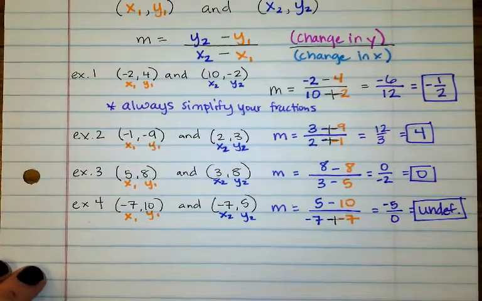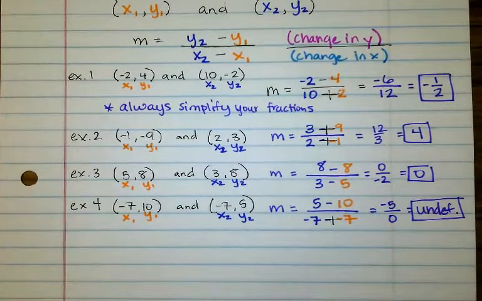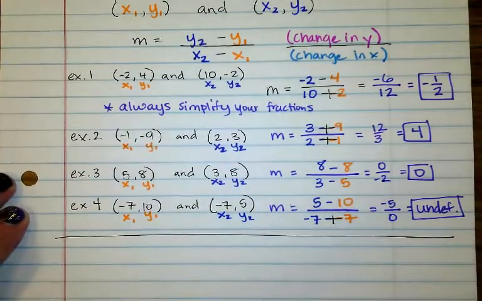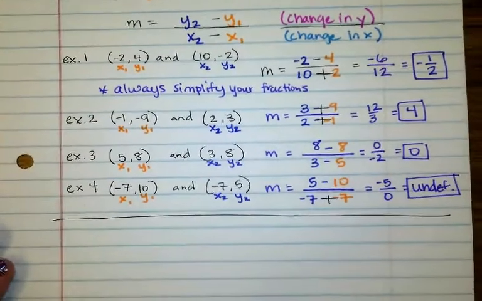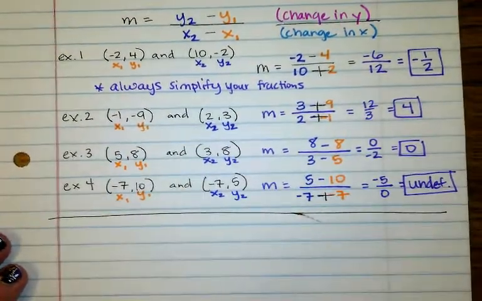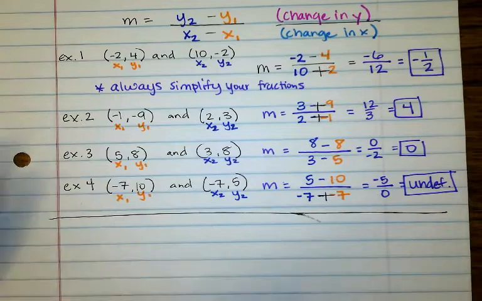So now, this is all how you find the slope between 2 points. So now what I want us to do is find slope from a table. Okay? Anybody have any questions about these 3 examples, the 2 points? Or I guess 4. No? Okay, so now we are going to work on finding slope from a table.